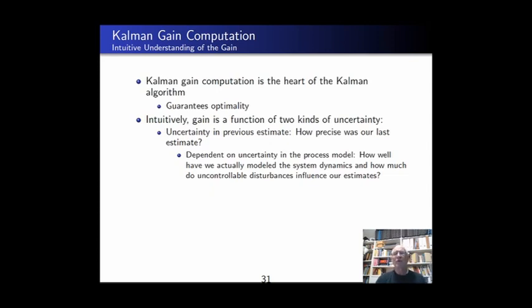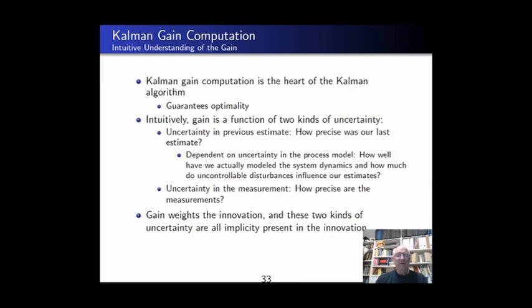These are the uncontrollable disturbances that influence our estimates. So that's one kind of uncertainty. It comes from the previous estimate. The other kind of uncertainty is embedded in the measurement itself: how precise are the measurements? So the gain weights the innovation, and these two kinds of uncertainty are implicitly present in the innovation.